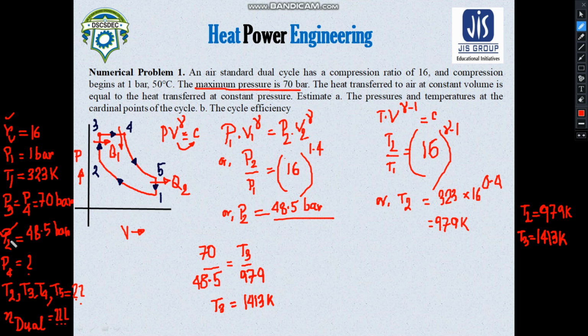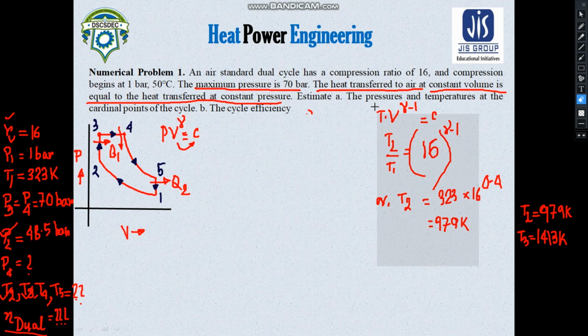Now come into the next part. So we have achieved this, and this. We are left with T4, T5 and this efficiency. Now if you see this statement over here, the heat transferred to air at constant volume is equal to the heat transferred at constant pressure. So what does it mean?